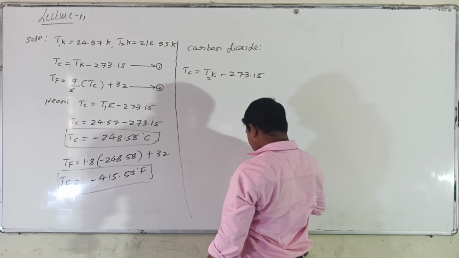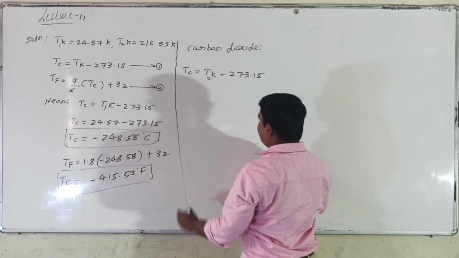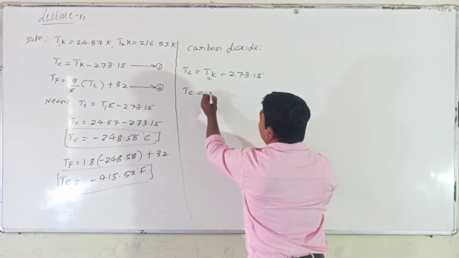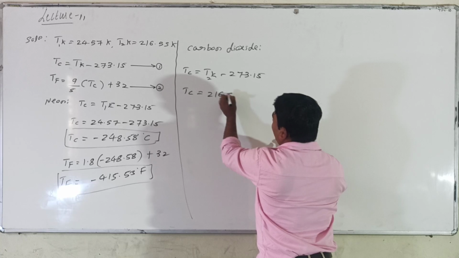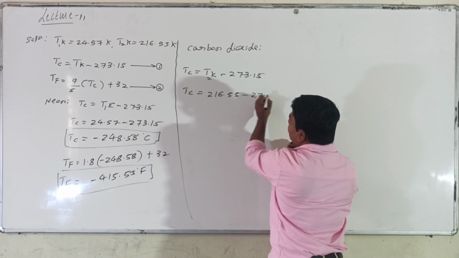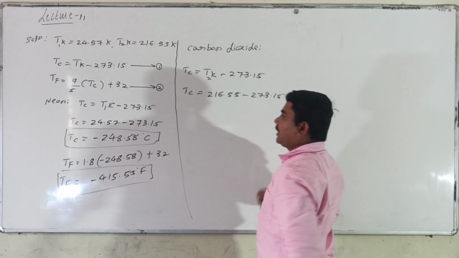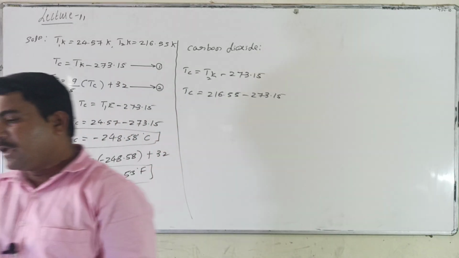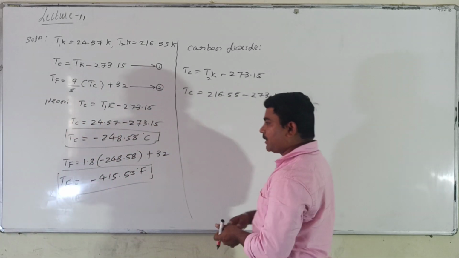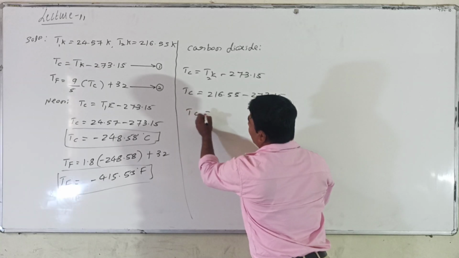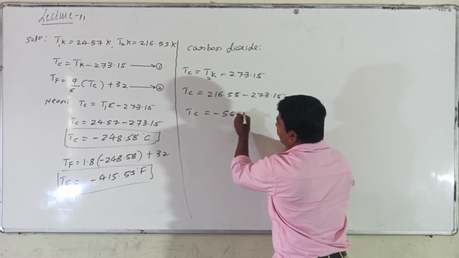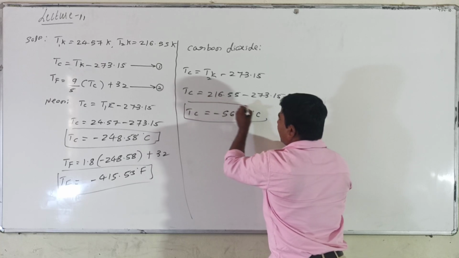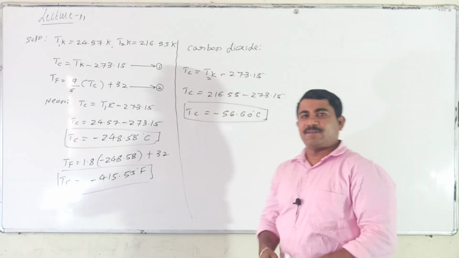T2K is 216.55 minus 273.15 degrees Celsius. Let us do the calculation. Nearly we are getting minus 56.60 degrees Celsius. This is for carbon dioxide, right?